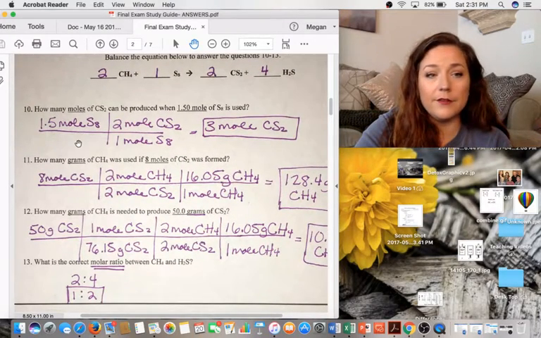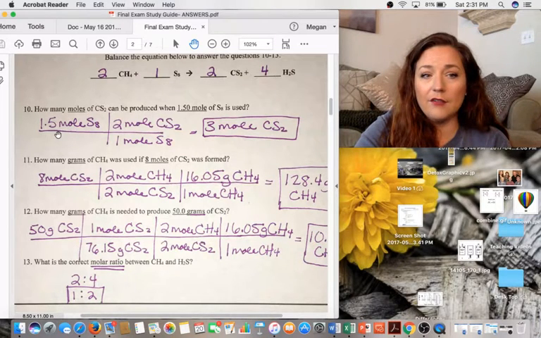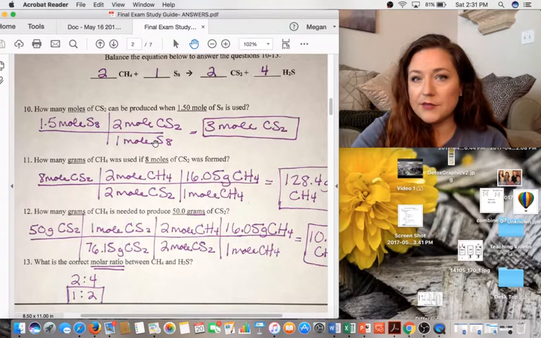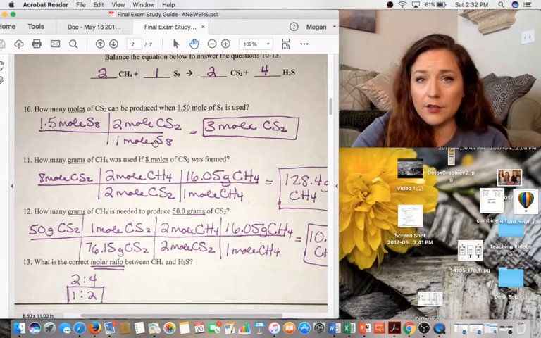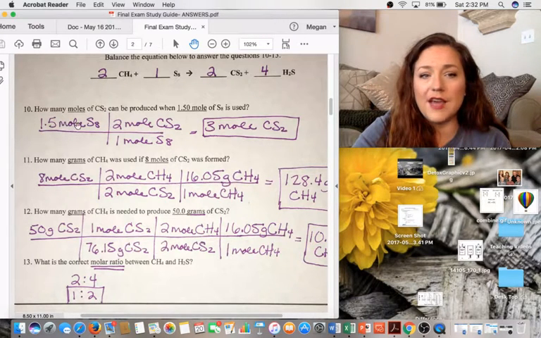All right, for the first one, 10. You start with 1.5 moles of S8. Because that's your given, it automatically goes there. The first bridge that you're building is a mole ratio. You don't have to find the grams. We're just finding the moles of something else. So we start with 1.5 moles of S8.